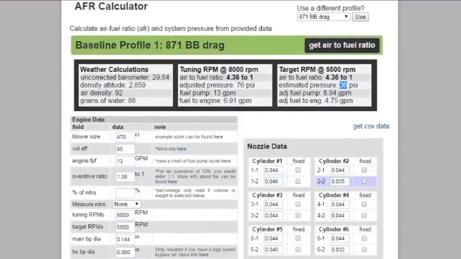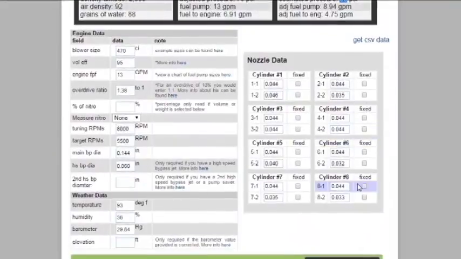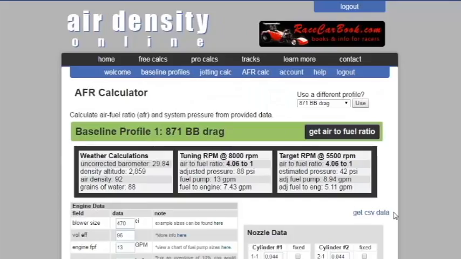The first thing we're going to do is find out at what pressure the high speed actually opens. So I'm going to go here and turn off the high speed where it says 60,000, so I'm going to make that 0. Now this would be the fuel system before the high speed opens. Okay, the air-to-fuel ratio is a richer value, and the estimated pressure at 5,500 RPM is 42 psi.